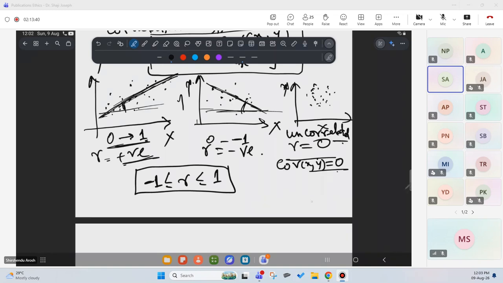If you are getting numbers other than these, that means there is some error in the calculation. Typically, r equal to 0 gives you the uncorrelated value.